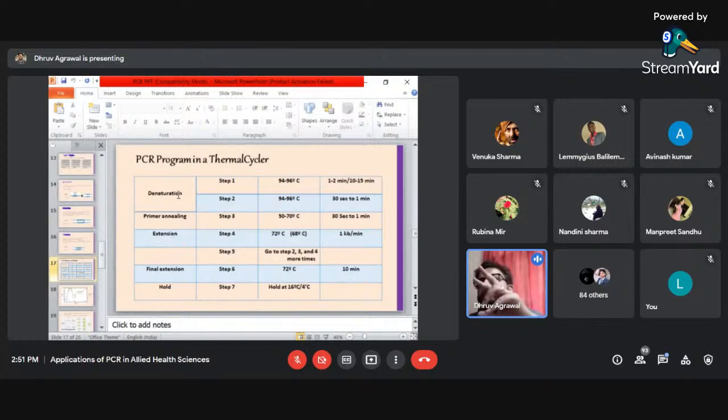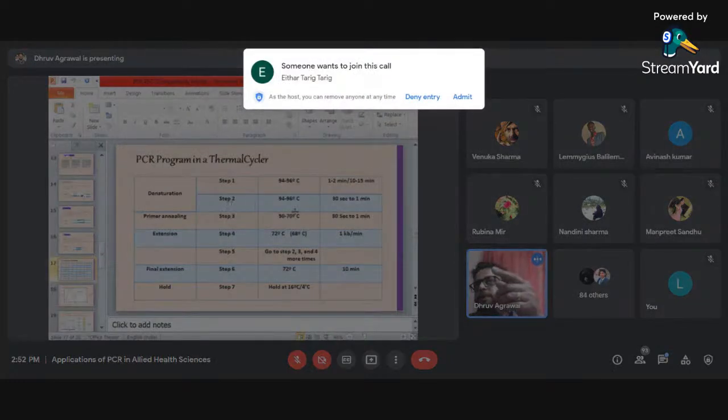Denaturation is the overall denaturation of the DNA that we have done initially. Then there are multiple cycles in which we carry out this. The first cycle starts from step number 2, which is denaturation at 94 to 96 degrees Celsius for 30 seconds to 1 minute.